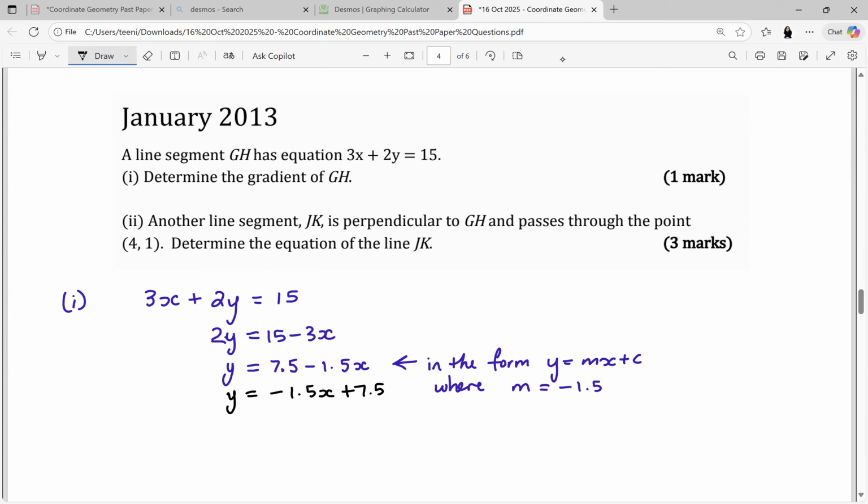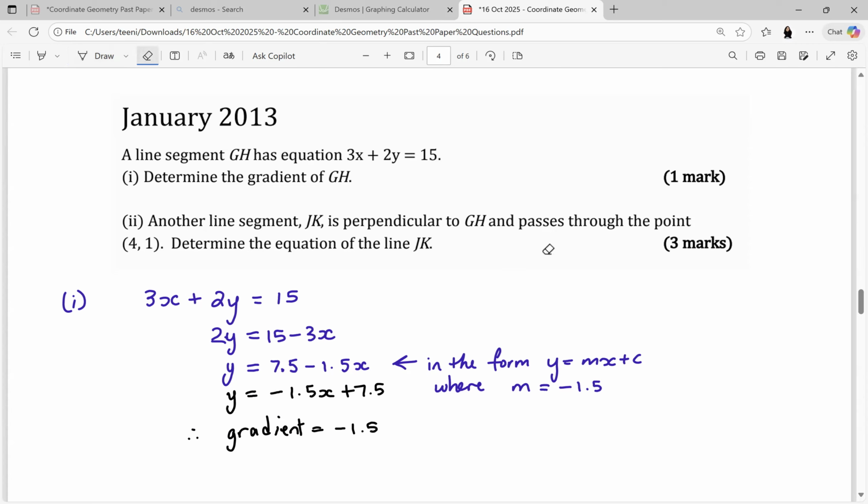Now it is in the identical form y equals mx plus c, where m equals negative 1.5. So the gradient is equal to negative 1.5. I know I'm going to expect this line to be decreasing from left to right.